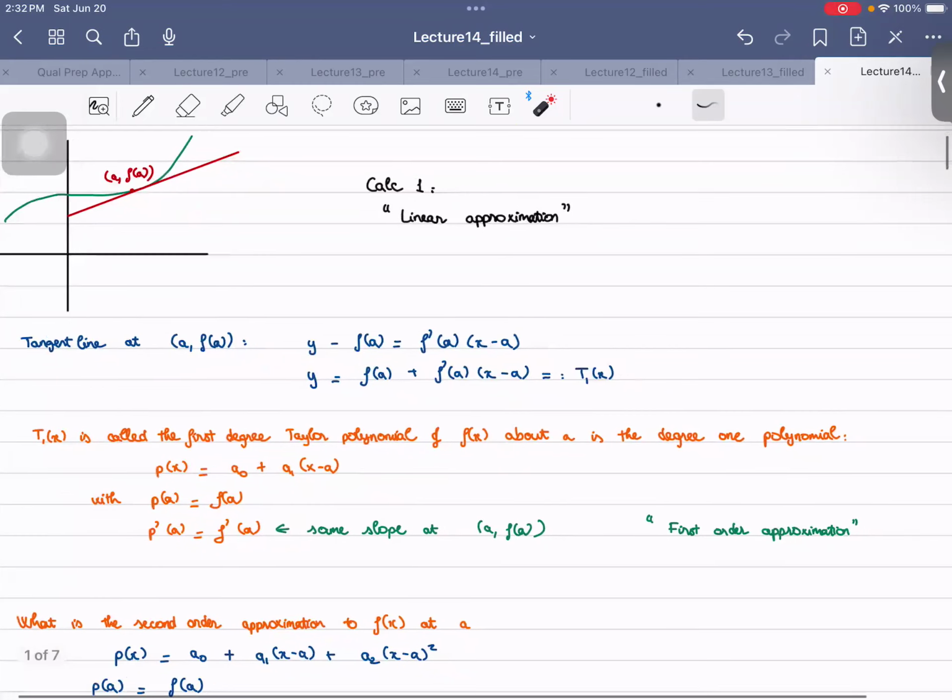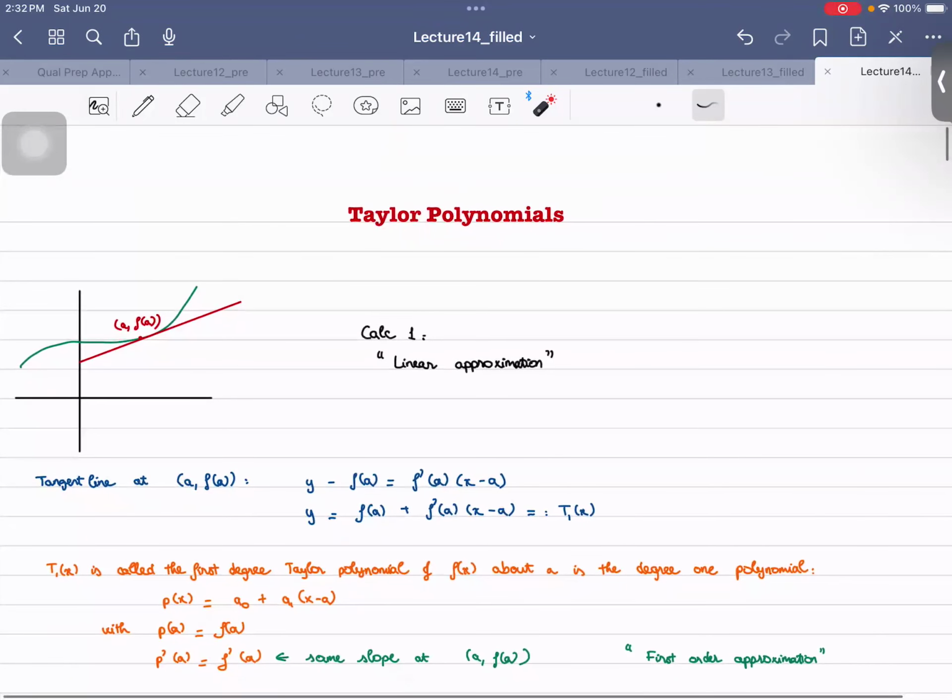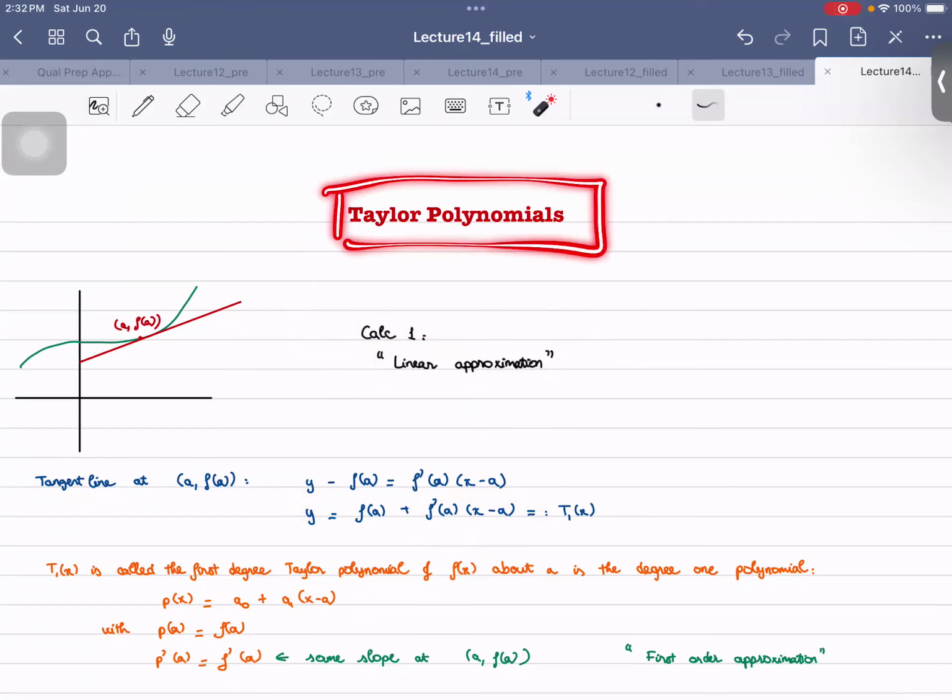The thing you learned in calculus one, which is the linear approximation, is also a type of Taylor polynomial. But you just use the linear function, which is the polynomial of degree one. In calculus two, you're going to do something a little bit better.